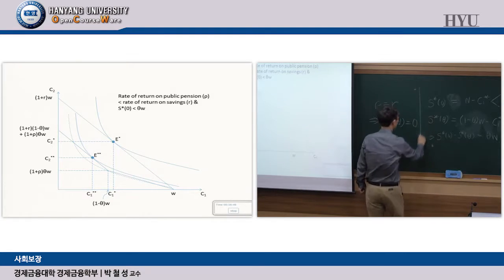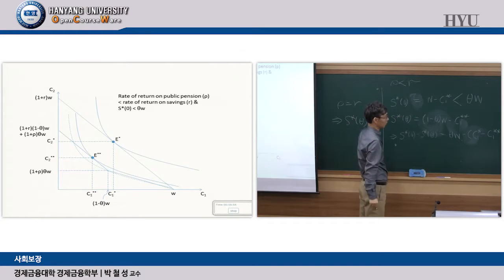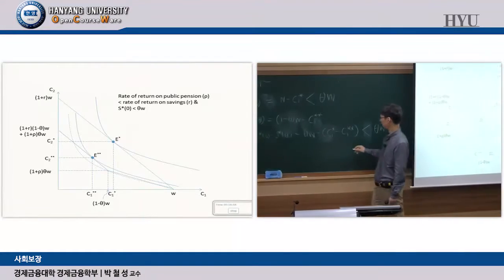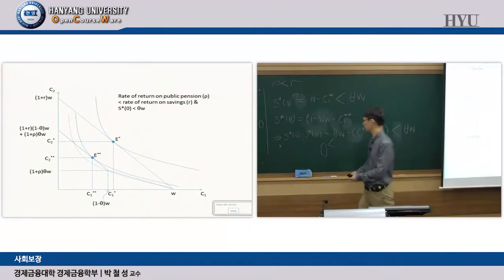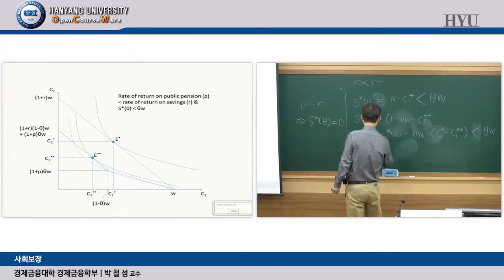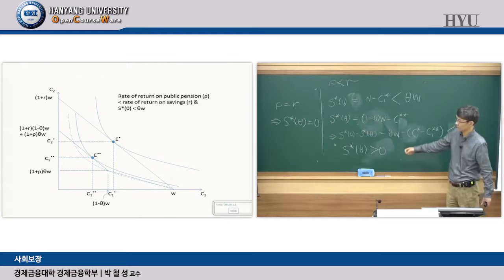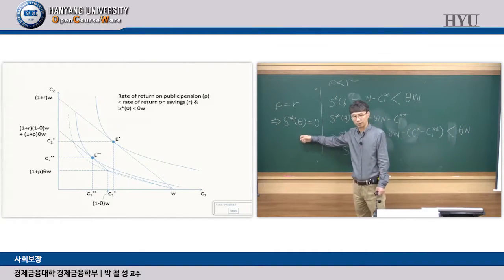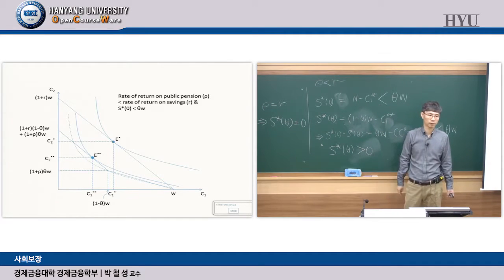We're talking about this case. And if rho is smaller than R, then that's the difference. In this case, S theta is 0. In this case, S theta is positive.